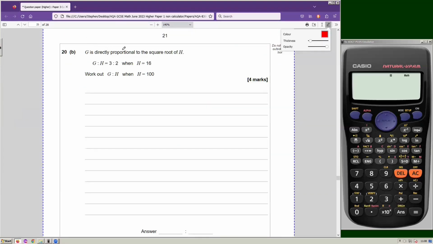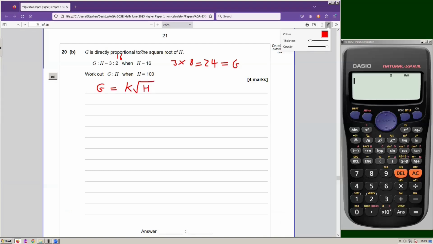20b. G is directly proportional to the square root of h. G is 24 when h equals 16. Work out G when h equals 100. Okay, so when h equals 16, the root is 4, and 3 times 8 will equal 24, which equals G. So we can write this down as G equals, let's put the equation down first, K square root of h.